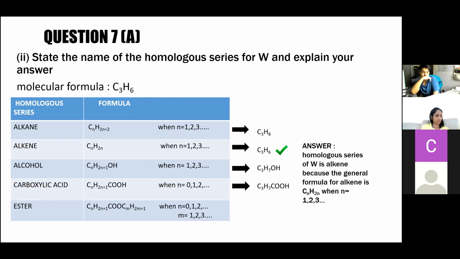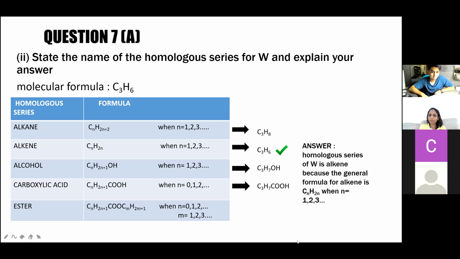Correct. Because the general formula of alkene is CnH2n when n equals 1, 2, and 3 and more. Wrong. If you substitute n equals 1, what do you get? CH2. CH2, right? But CH2 is not an alkene. So your n is wrong.